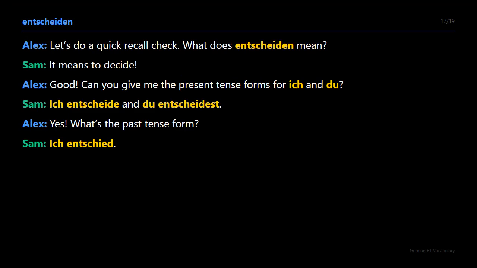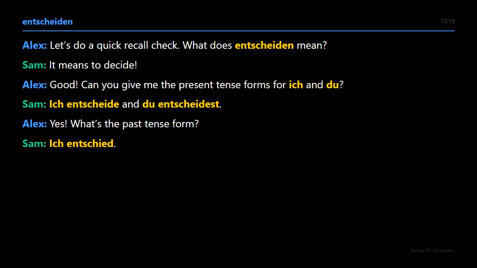What does Entscheiden mean? It means to decide. Good. Can you give me the present tense forms for Ich and Du? Ich entscheide. And Du entscheidest.